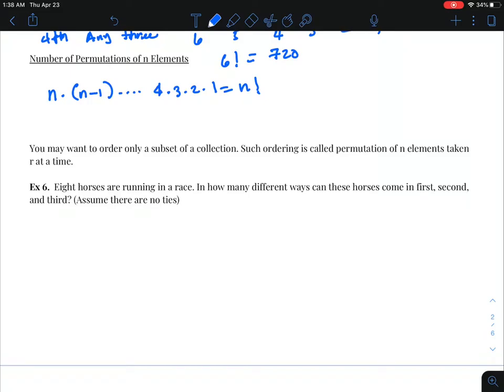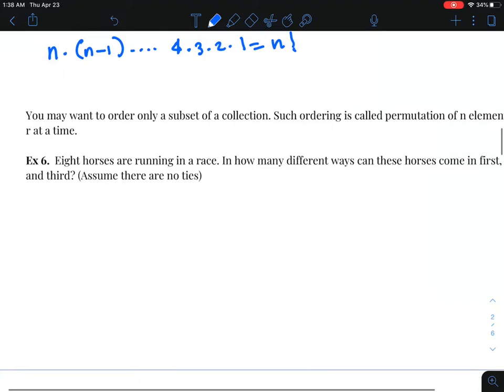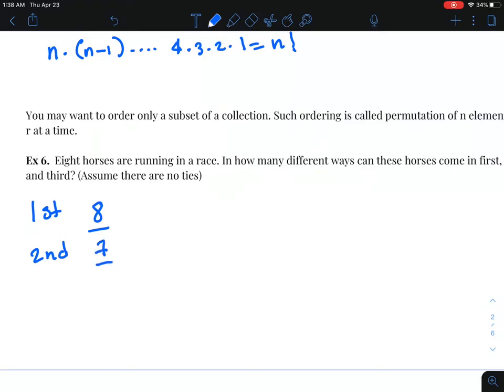Let's take a look at this example first. It says 8 horses are running in a race. In how many different ways can these horses come in first, second, and third? Assume there are no ties. When it comes to first place, we have 8 different ones to choose from. For second, we have 7 to choose from.